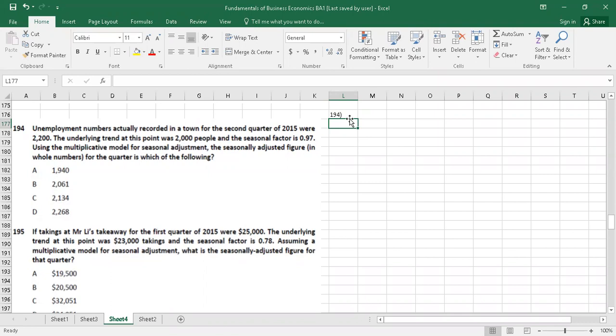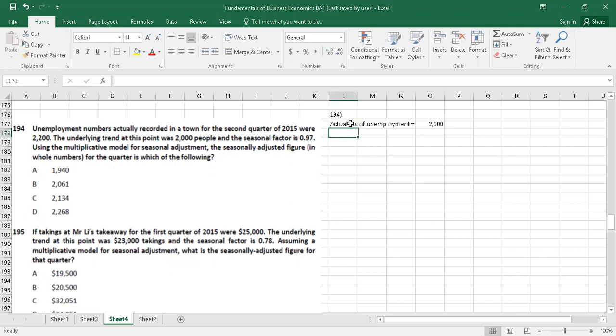See what data is provided to us. The unemployment numbers actually recorded in a town for the second quarter were 2200. So we have 2200 given. Actual number of unemployment is equal to 2200 during the period.